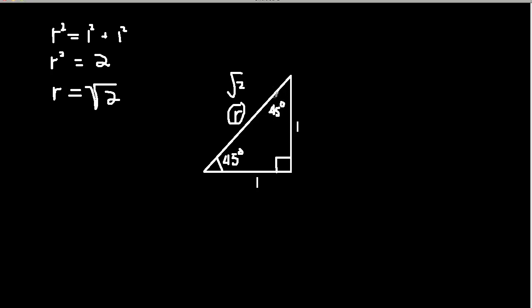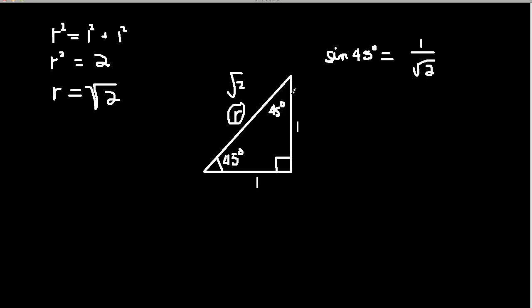So the sine of 45 degrees is opposite length, which is 1, divided by hypotenuse, which is the square root of 2. So sine of 45 degrees is equal to 1 divided by square root of 2.